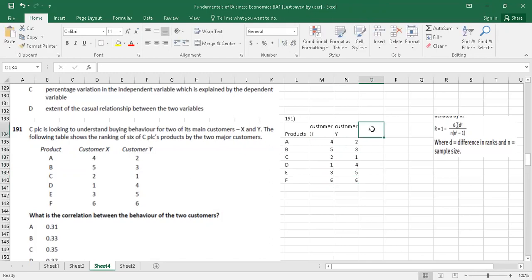So we need to know what the deviation is. The deviation is the difference in the ranks. So D is the rank of the first customer minus the rank of the second customer. If there is any negative value, that has to be eliminated, so we take D square.